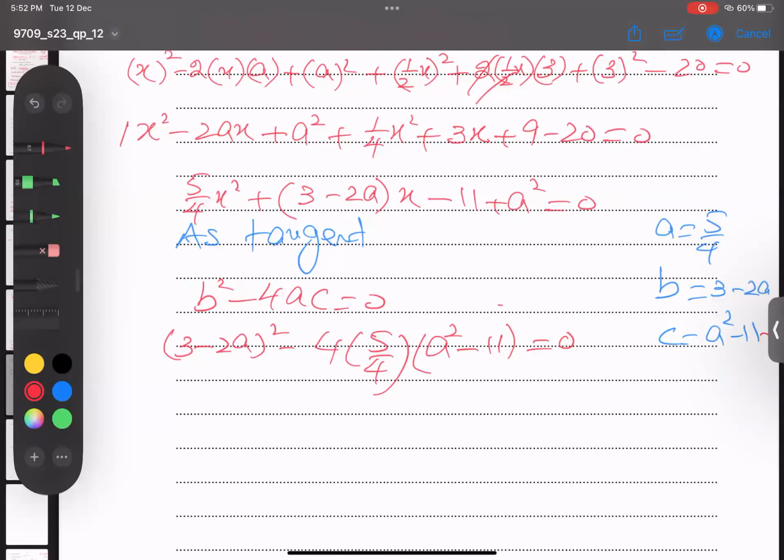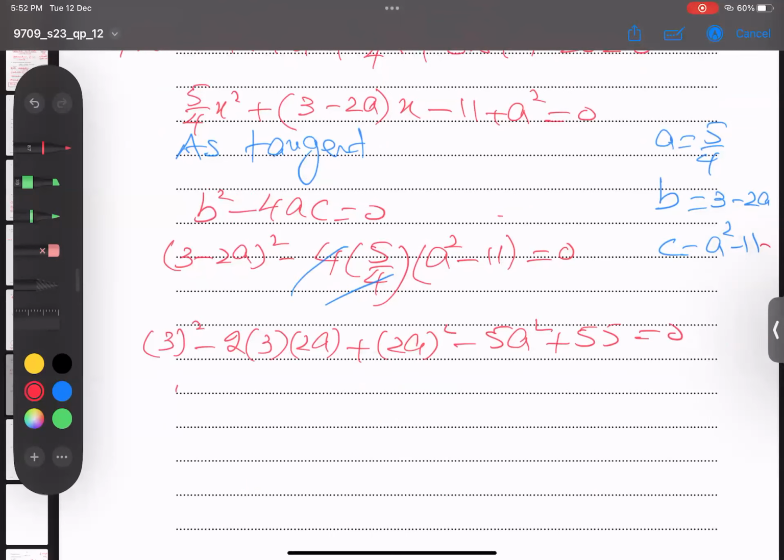Now, students, here again I use the squaring identity: first term squared, negative 2 into first term into second term, plus second term squared. Done. And this 4 cancels out, and I get a 5. 5 into a, I get 5a squared, negative, negative, positive 55 equals 0.